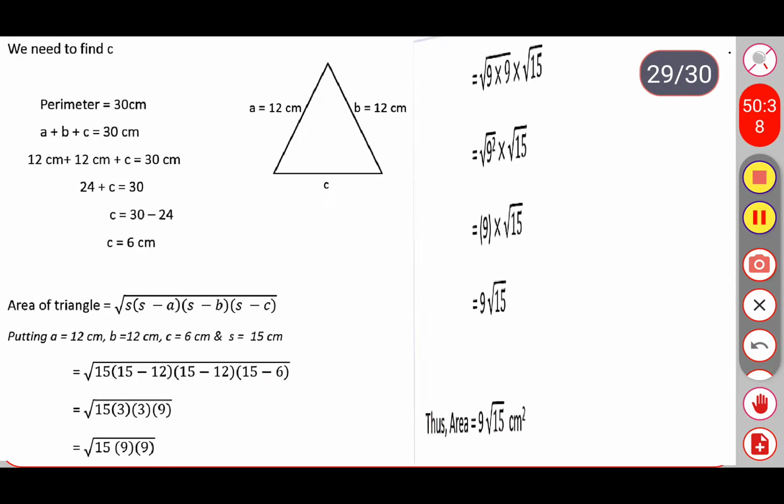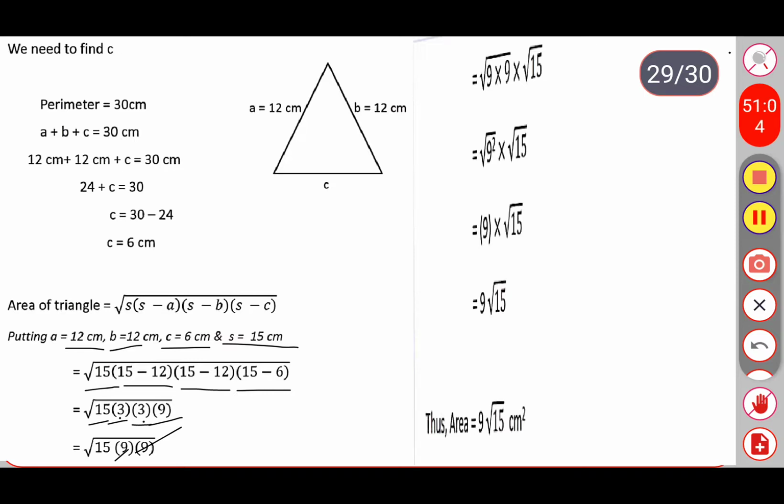The semi perimeter is 15, one side is 6 centimeter and the remaining two sides are equal, that is 12 centimeter. So square root of 15 into 15 minus 12, 15 minus 12, 15 minus 6. So 15 as it is, 15 minus 12 is 3, 15 minus 12 is 3, 15 minus 6 is 9.